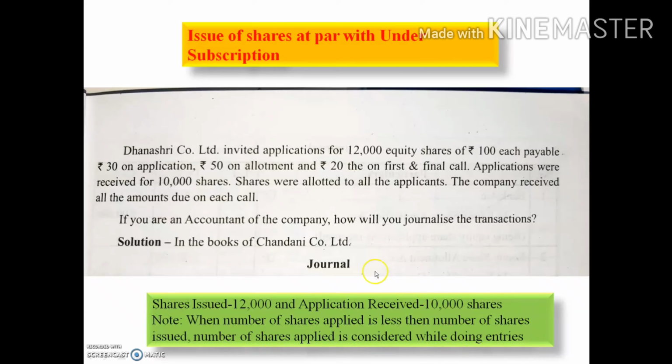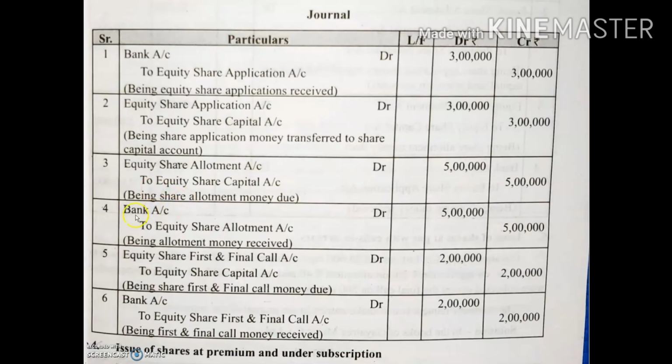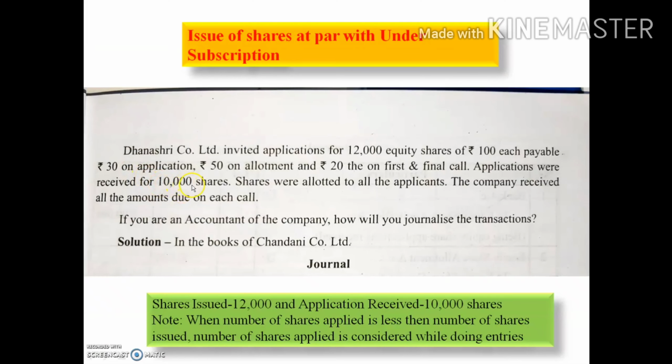Here shares applied are 10,000 and issued are 12,000. The company invited 12,000 equity shares and received 10,000. So while doing the journal entries we have to consider this 10,000 instead of 12,000, because the company is receiving fewer applications.